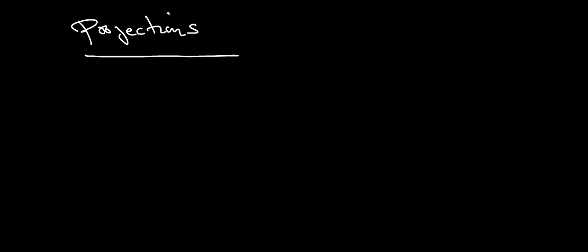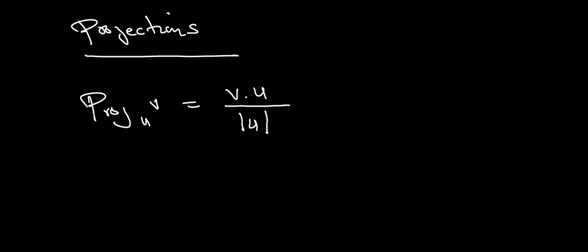If you're given two non-zero vectors, we can project one vector onto another vector, and the formula is this. If we're projecting v onto u, it is v dot u on top, over the modulus of u squared, then multiplied by the vector u. That's the formula.